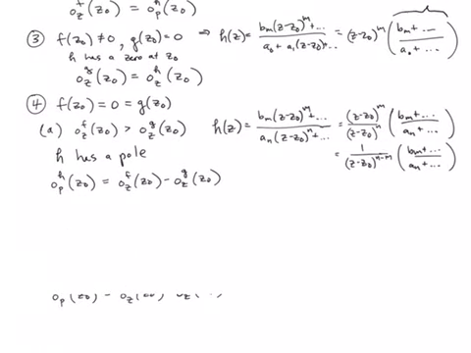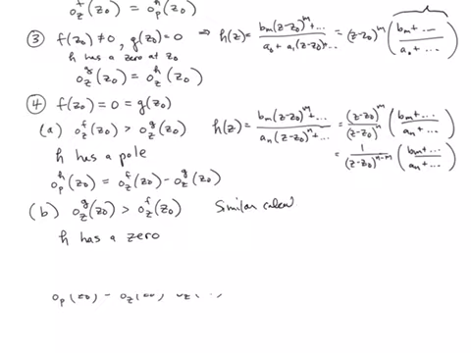Okay, so similarly, the second subcase is that the order of the 0 for g at z0 is bigger than the order for the 0 of f at z0. The calculation is similar, h has a 0 in this case. So if you look at the calculation up here, now m is bigger than n.